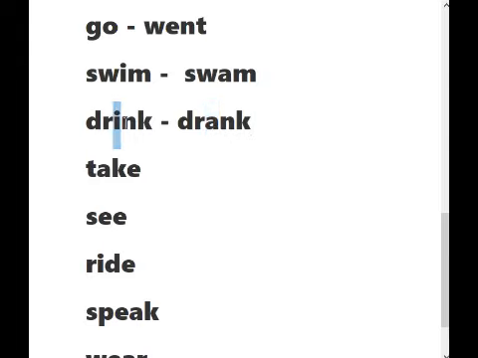I drink water every day. I drank apple juice yesterday. So that's it. Next one. Take. Took. When you say take, I take a bus every day. I took a bus yesterday.